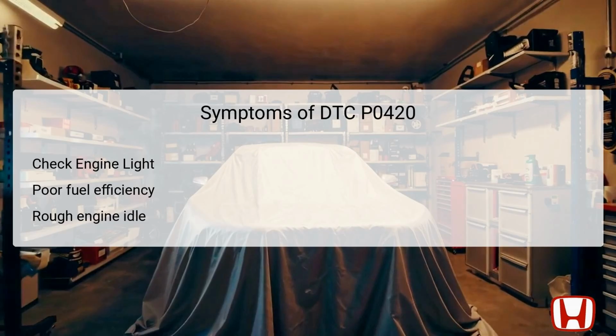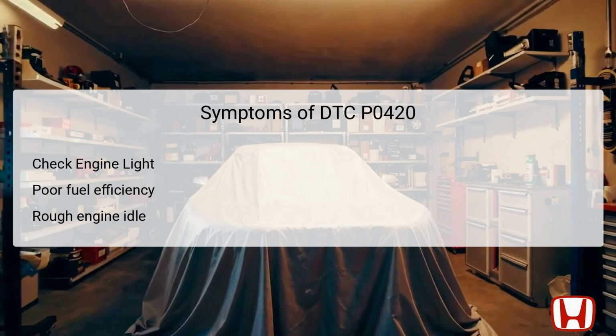Additionally, vehicles exhibiting this DTC may experience decreased fuel efficiency as the engine compensates for perceived inefficiencies in the exhaust system. A rough engine idle could also manifest, as the engine may struggle to maintain optimal performance under varying conditions.